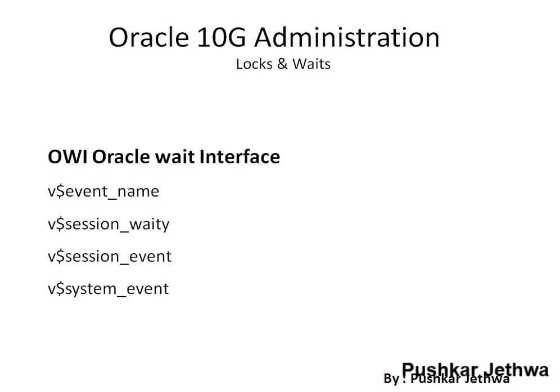In this scenario, you have to kill the blocking session so that all the sessions which are on wait can resume their work. So in this tutorial, I am going to show you how to use V$EVENT_NAME, V$SESSION_WAIT, V$SESSION_EVENT, and V$SYSTEM_EVENT.